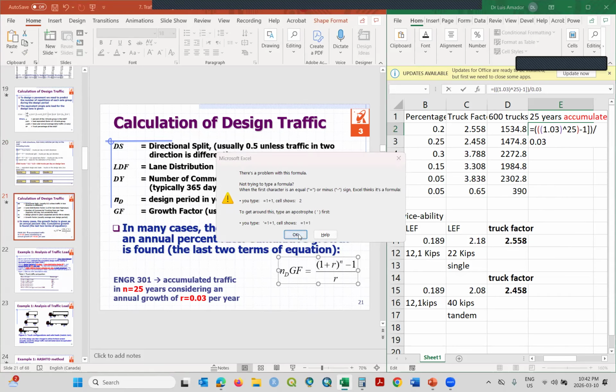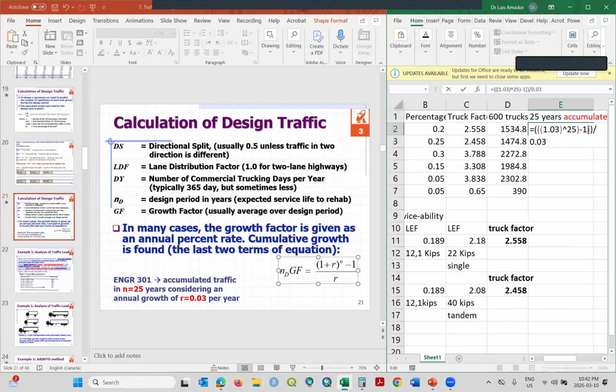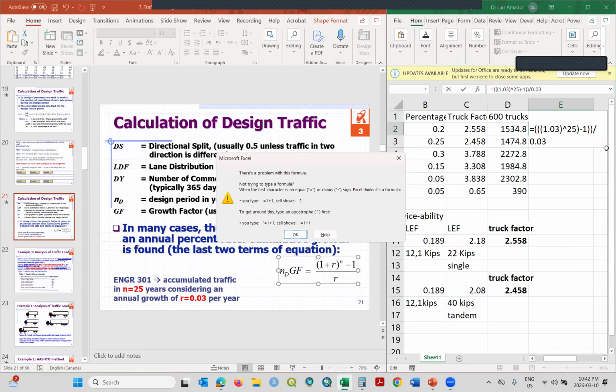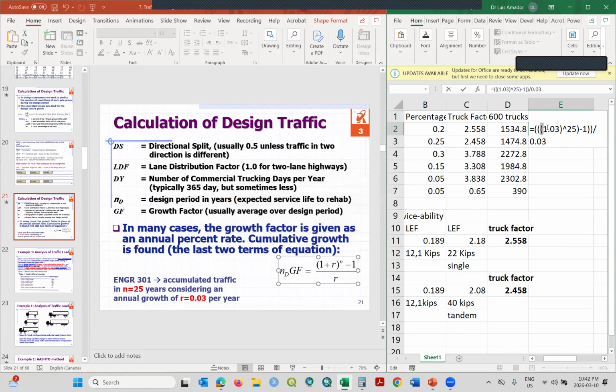Oh, I did something wrong. Apparently, yes, that bracket. I might have an extra bracket. Just a second.